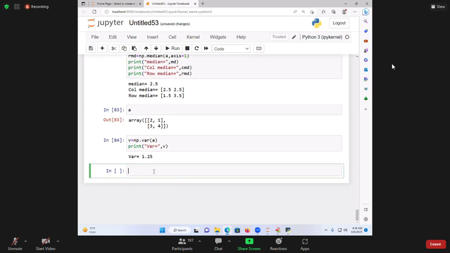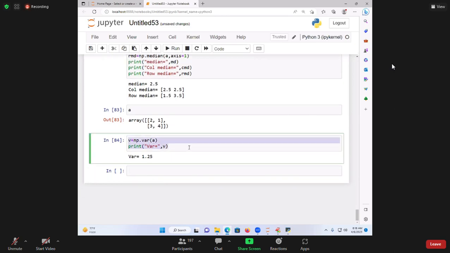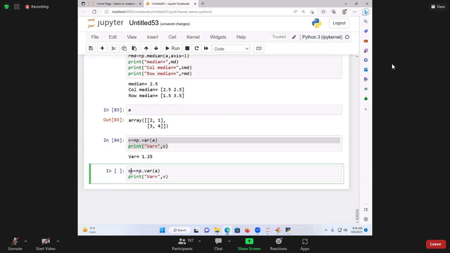Now, coming to the point, I want this variance row wise also, and column wise. Column wise variance is CV equals variance of A with axis equals 0. First, the column wise mean is 2 plus 3 by 2, 2.5.